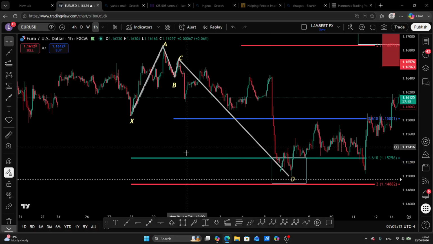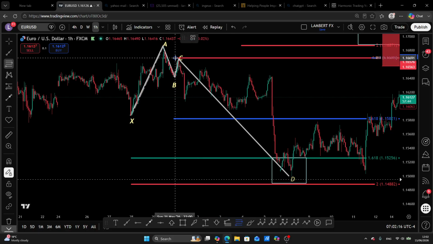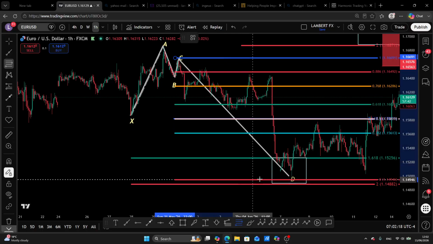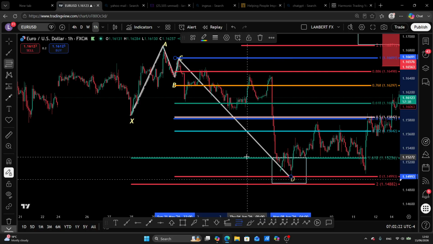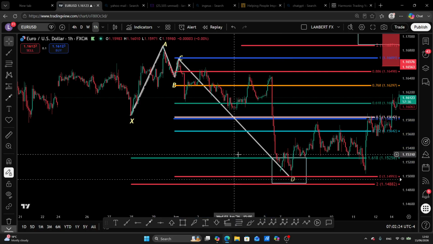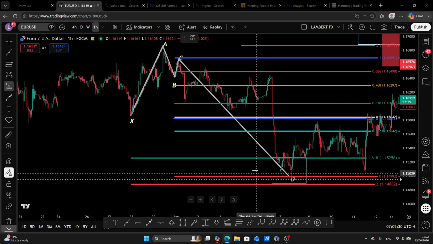So for your take profit, you take fib retracement, you measure from C to the last wick of the D, which is here, and then your fixed take profit would be, so let's plot this. So you take your long position.